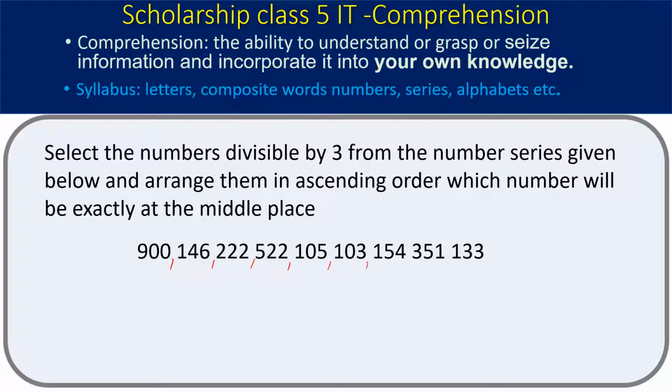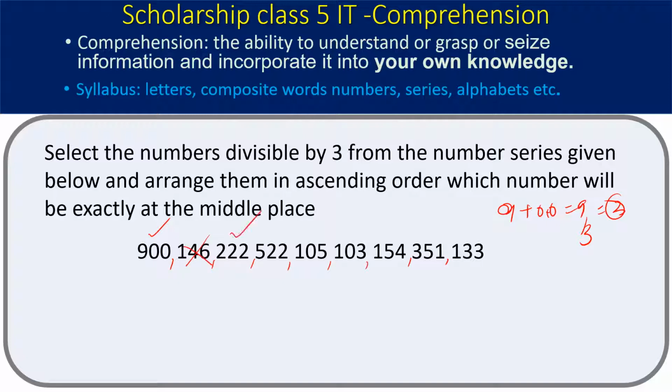If the sum is 9 plus 0 plus 0, which is equal to 9, and it is divisible by 3, that means this number is divisible by 3. This one is not divisible by 3, because the sum is 6 plus 4 plus 1, which is equal to 11.